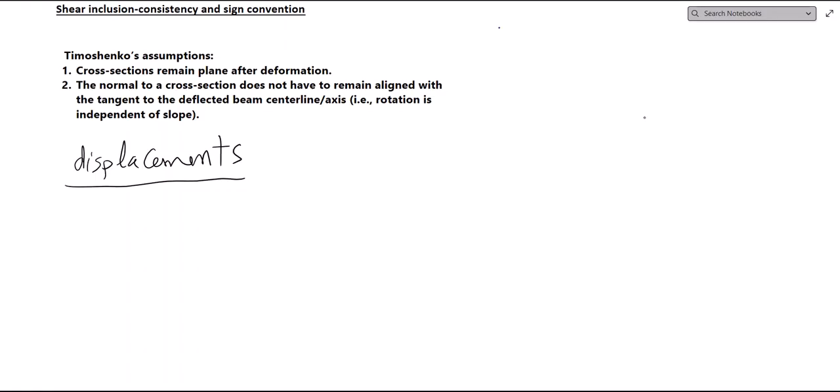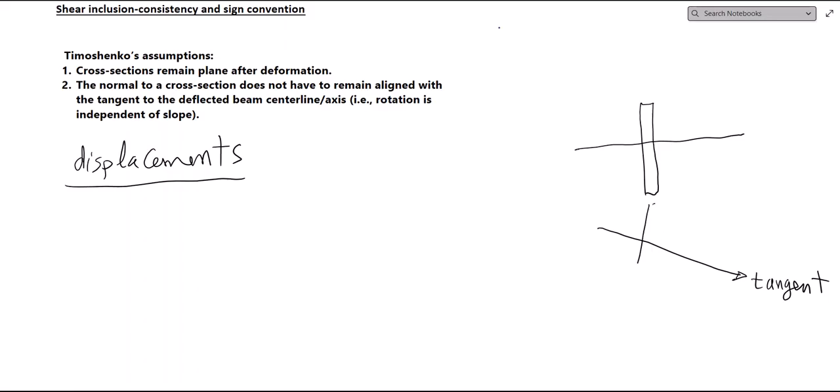The issue here is that if I have a cross-section plane normal to the initial neutral axis, and then I come here, and maybe this is the tangent to the elastic curve, then this plane does not have to remain normal.